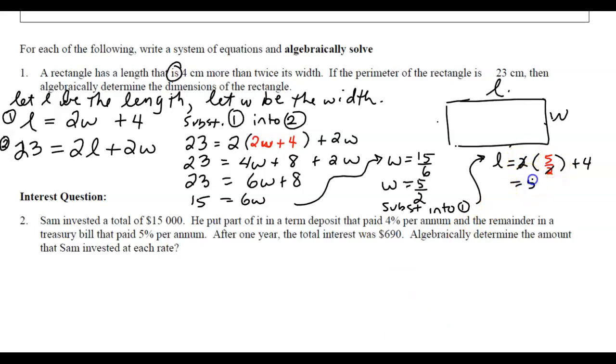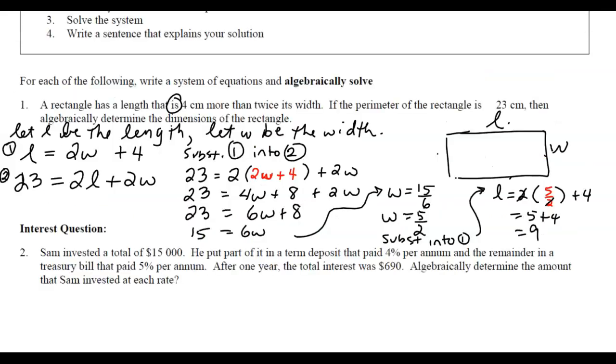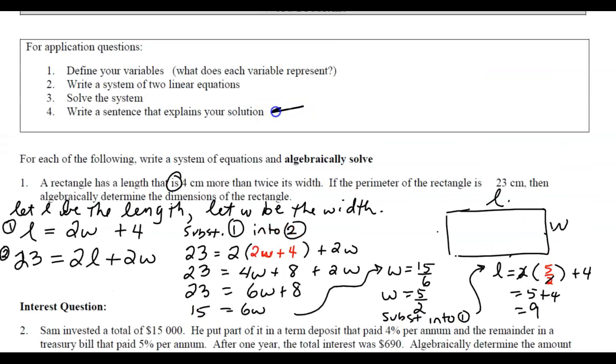So you get 5 plus 4, which is 9. Okay, so we've got our W value, we've got our L value. Don't have to show it in an ordered pair like we do when it has no context, no application. We have to do the sentence. So that's in replace of an ordered pair.